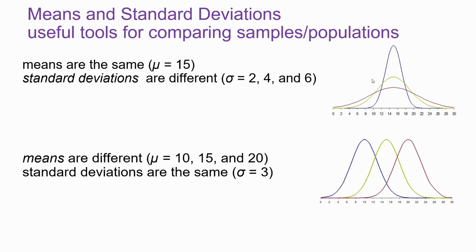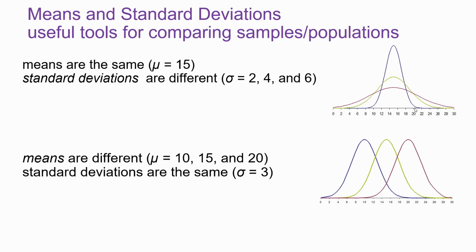So in this graph here on the right, the means are all the same. You see the peaks are all in the center, all lined up. The means are the same, but the standard deviations are different. So a population distribution with a smaller standard deviation will have a smaller spread, a smaller range.